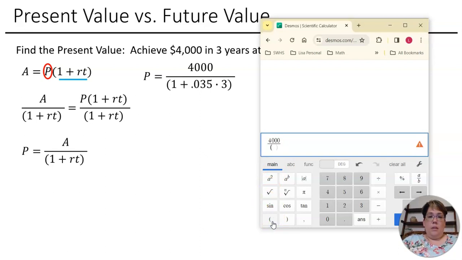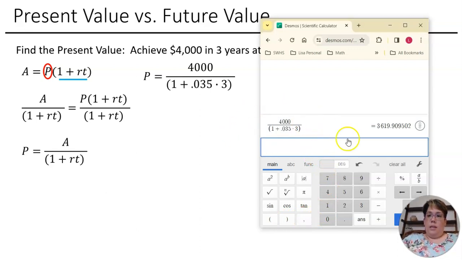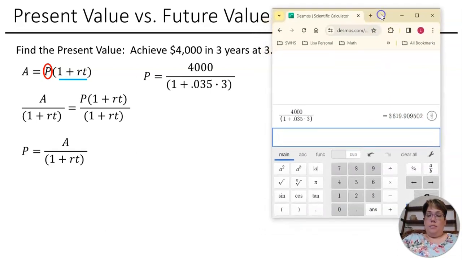In the denominator, we're going to have 1 plus 0.035 times 3. Then I'm going to close my fraction and hit enter. And so there you have the answer, 3619.91. So that is the present value. It makes it really easy.